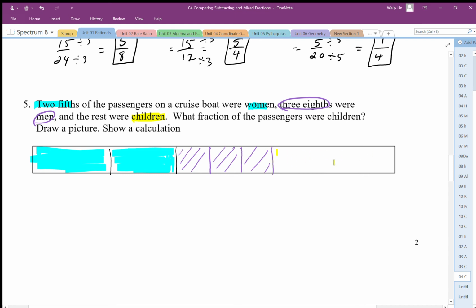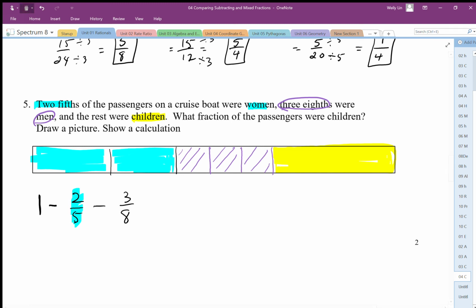So I really need to figure out how much is 2/5 plus 3/8. Or I could do it this way. I'm going to set it up this way. I'm going to start with one whole, and I'm going to take away 2/5. So I'm going to take away the women. So the whole boat, take away the women, minus all the men.